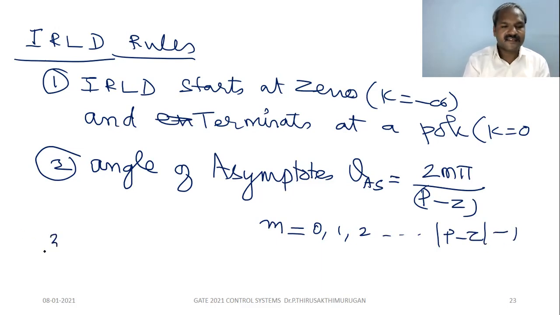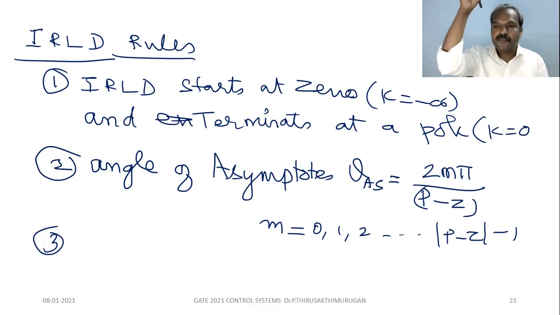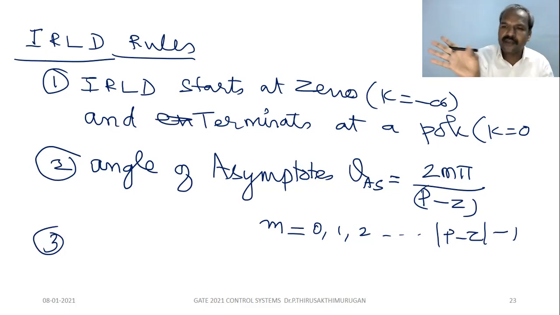Next is the real axis. When we look at any section between two poles or zeros, the sum of poles and zeros to the right-hand side of the section should be even in this case. Whereas in the RLD, a root locus branch exists when the sum of poles and zeros to the right of a point is odd in number.